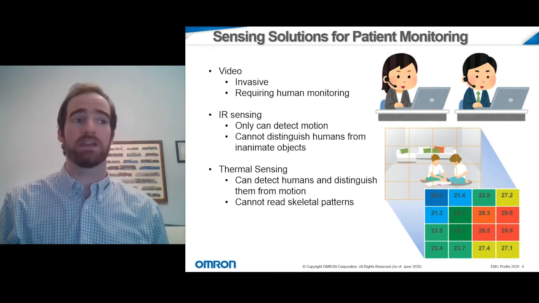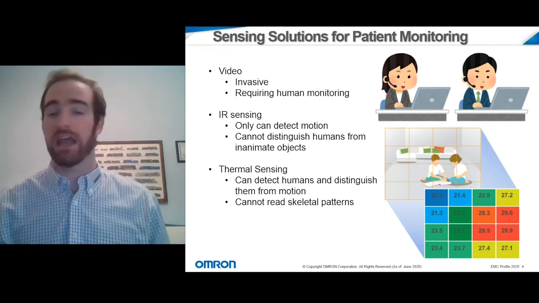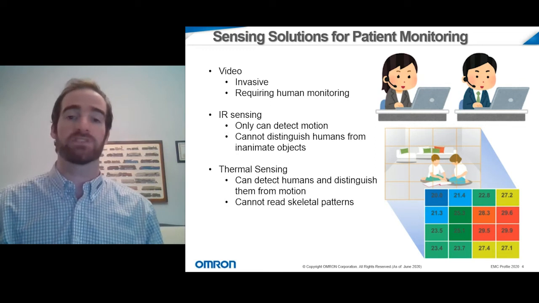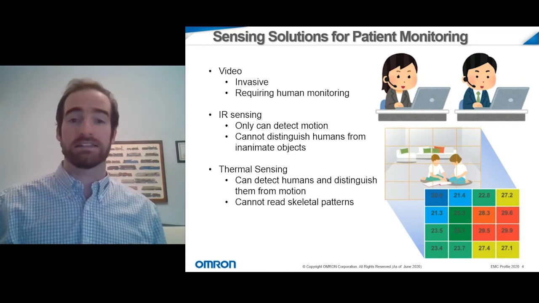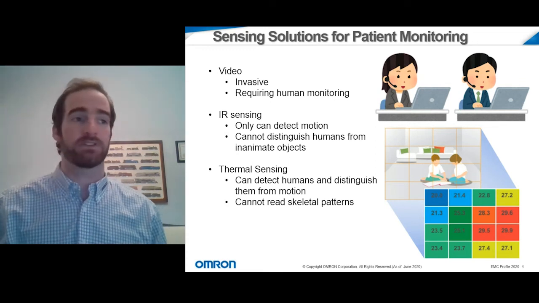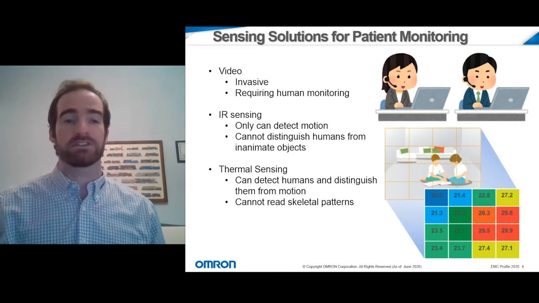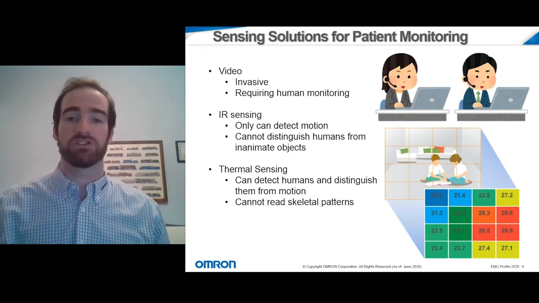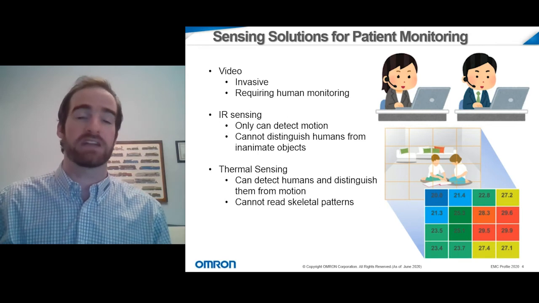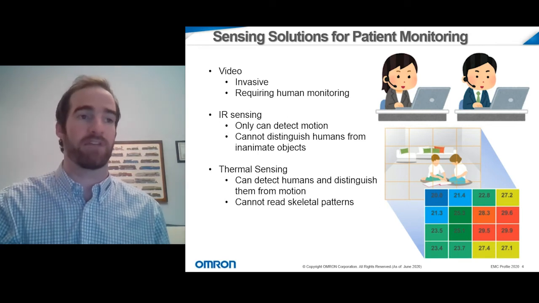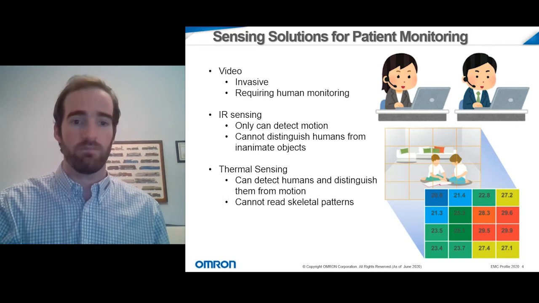That's not something we can get out of thermal sensing or really any of these other products. So while there are existing products available for this type of solution, not all of these are something we're able to get the most out of. And so that's where we come in with our time of flight sensor.